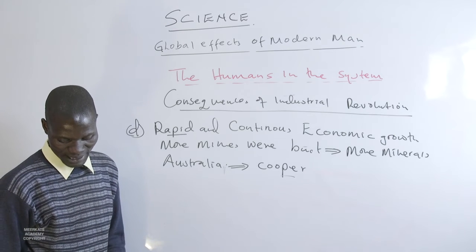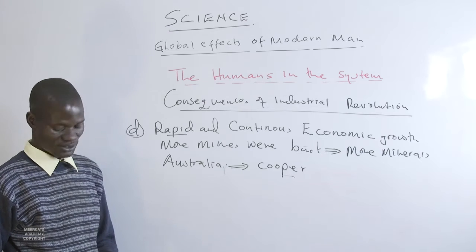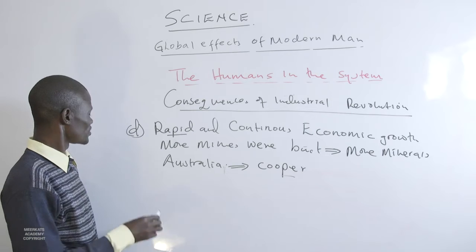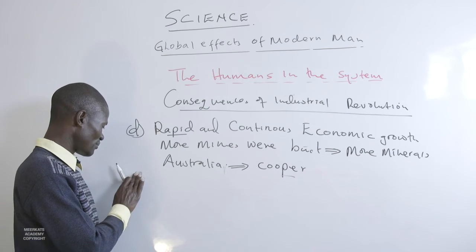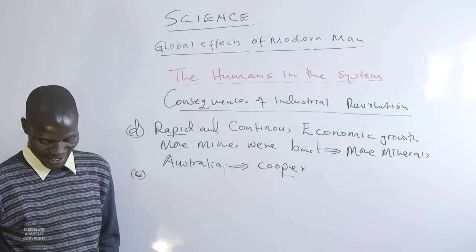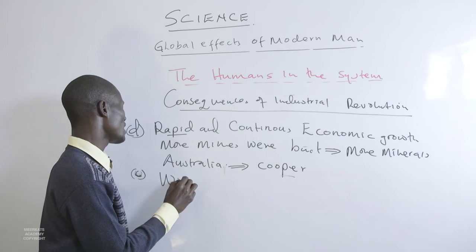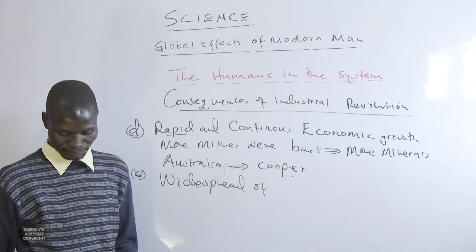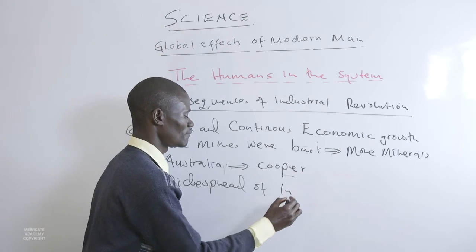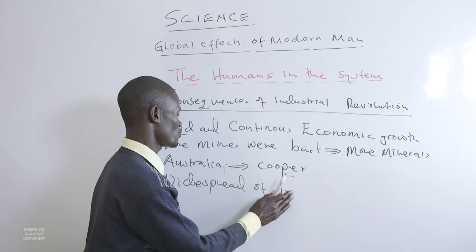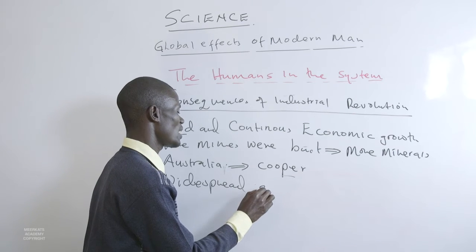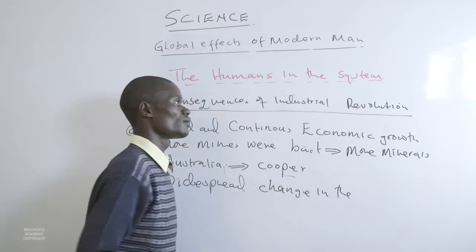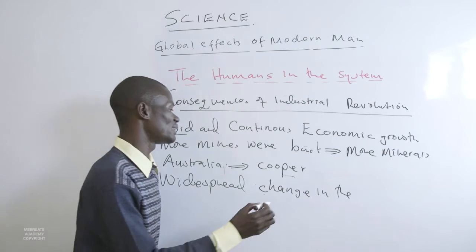Also, this led to a widespread change in the natural environment. And to date, we have global climate change. What has happened? There has been a widespread change in the natural environment.